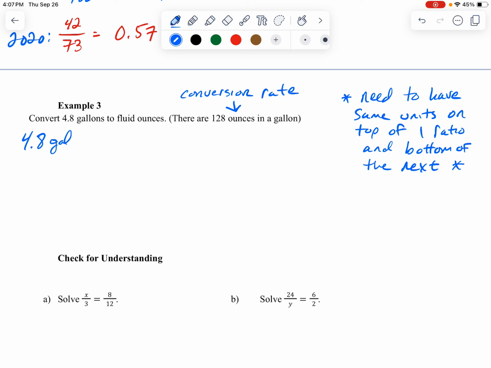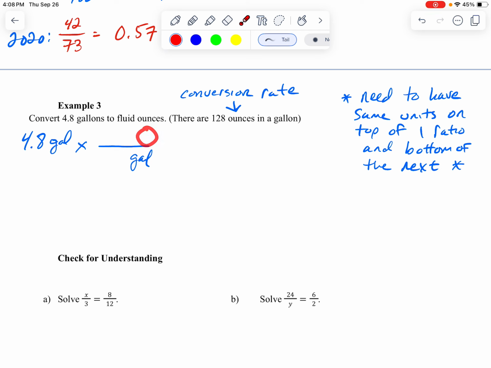if I want to convert that into ounces, I'm going to use multiplication, and I'm going to use my conversion rate. And here's what I was talking about with the units. If I want to convert from gallons, my rate has to have gallons on the bottom and then something else on the top.